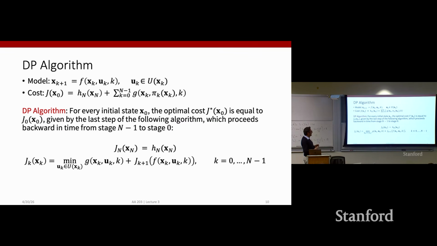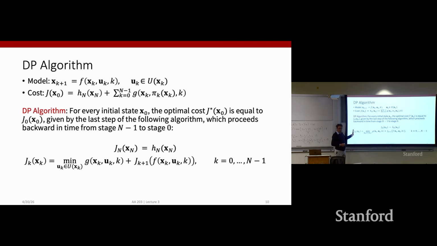You solve a recursive algorithm where you start from a boundary condition whereby you set the optimal solution to the tail problem, that is the problem that starts at the final condition, as the terminal cost, and then you iterate one step backward until you reach the initial state, x of 0.